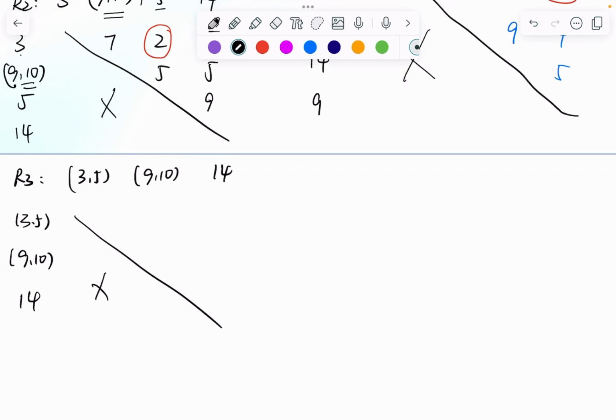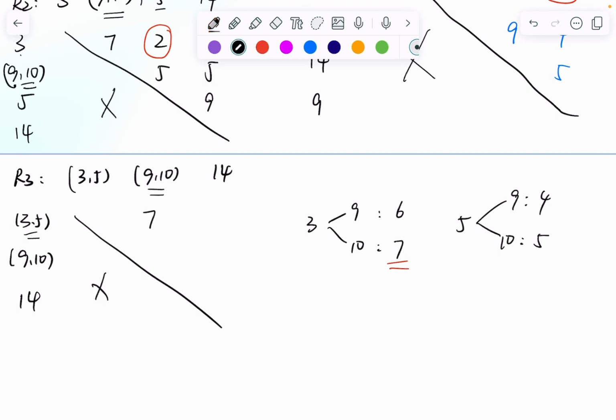From the 3 and 5 to 9 and 10, from these two clusters, we calculate 3 to 9, 3 to 10. This is 6, this is 7, and 5 to 9, 5 to 10, this is 4, this is 5. So we can see 7 is the largest one, so we set 7 as their distance.